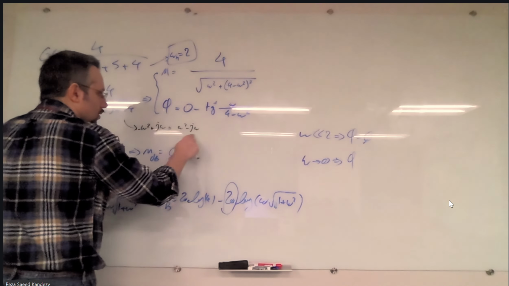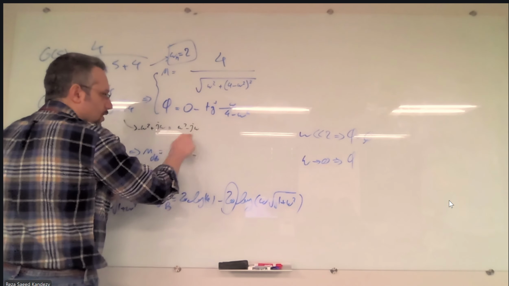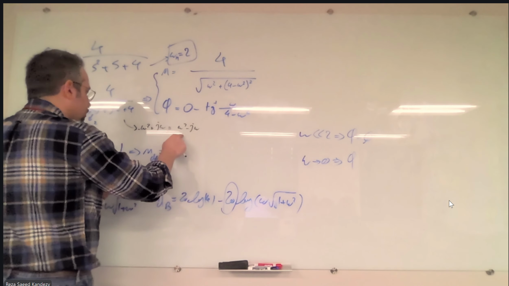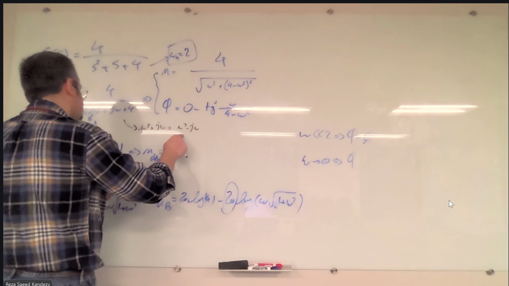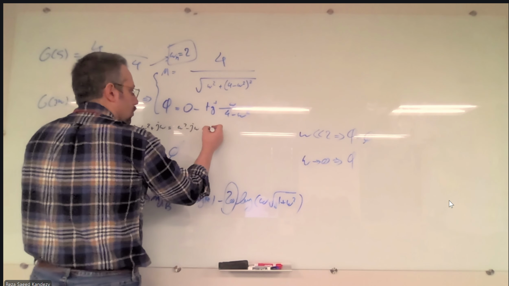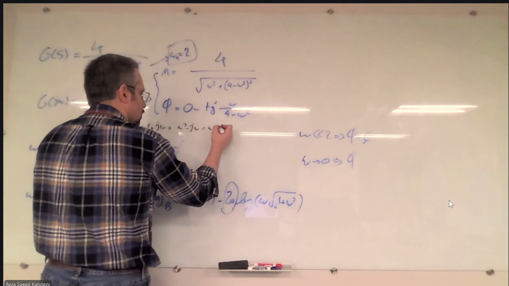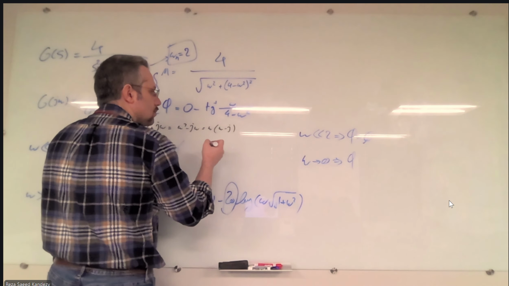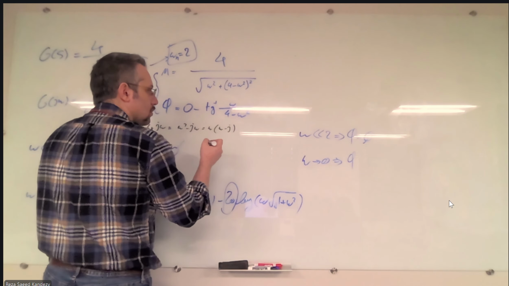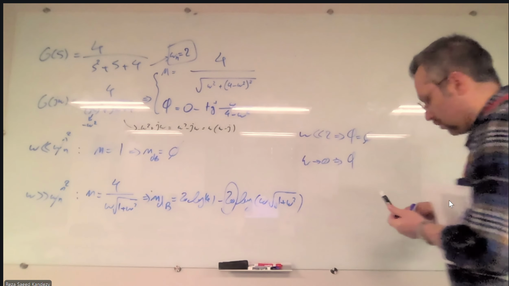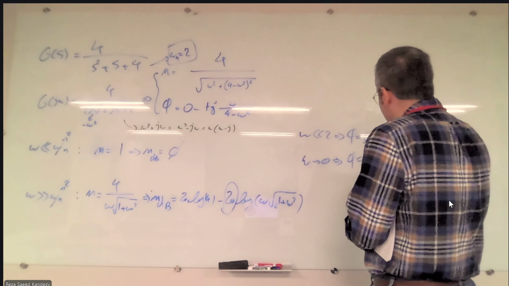So the phase of this one is omega times omega minus j. No, I'm not missing something. So this is actually accurate. So this is phi equal to 0.